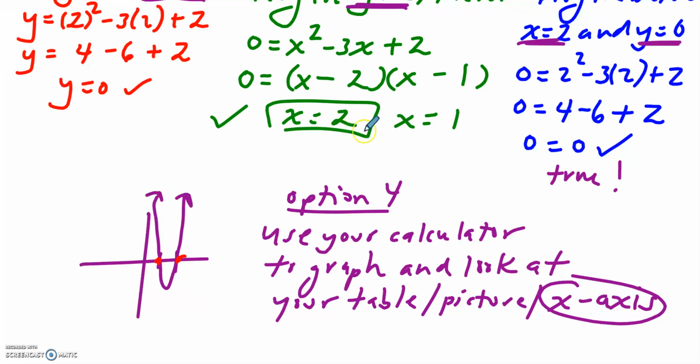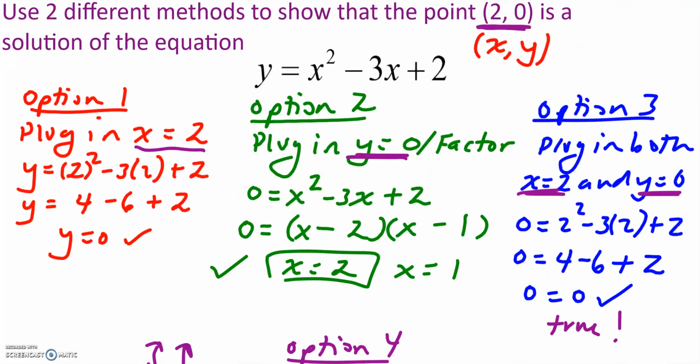It's because when I factored, these would be where I cross the x-axis. So my picture would look something like this. I could see that it crosses here at 2, and I know (2, 0) is a solution because it's on my x-axis. All of these variations are very close to one another, but this is how you could prove if it's a solution. Really what you want to try to do is plug in this point in some way to see if it works.